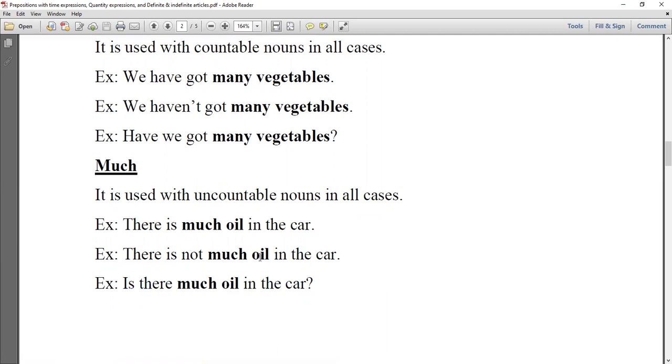Oil in this example means petrol, right? The first sentence is positive, the second is negative, and the third one is interrogative. And we have oil, this is uncountable.